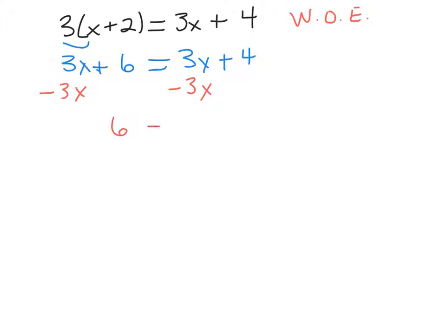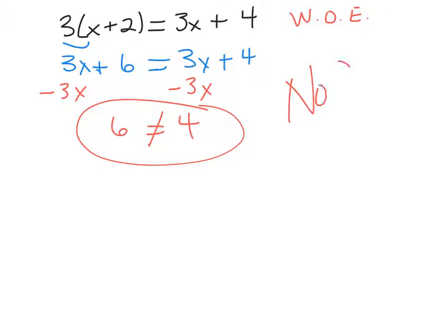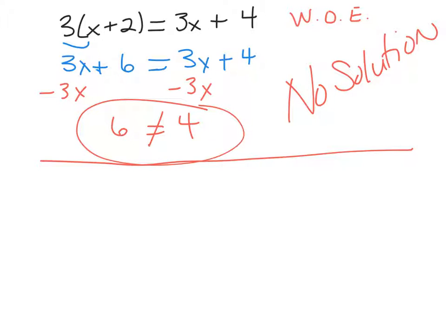We end up with 6 equals 4. My dog wants me to turn the TV on, that's why he is panting so hard. And we can clearly see here that 6 does not equal 4, so this is no solution. So let's look at one more.